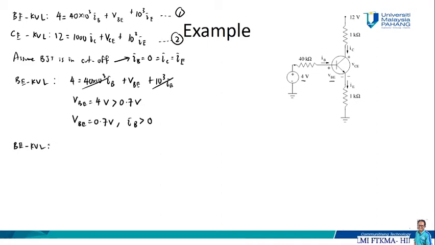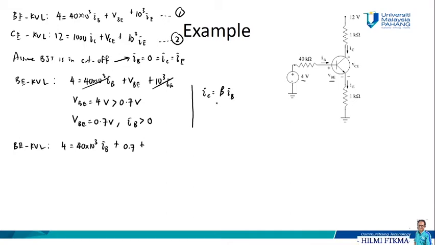Again, 4 equal to 40,000 IB plus, okay, VBE is 0.7 plus, before that, okay, we should remember that we need to enforce that IC is equal to beta IB.